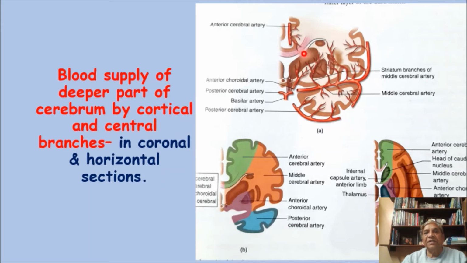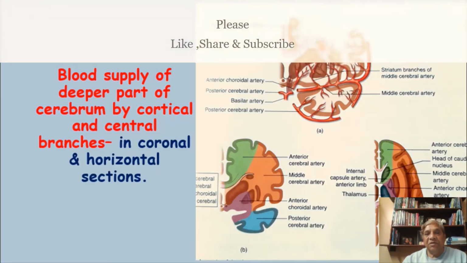Similarly, from the anterior cerebral artery, this anteromedial central branches are going, and similarly from the posterior cerebral artery too. But most of the central branches which arise from the middle cerebral artery are responsible for supply to the lentiform nucleus, to the thalamus, to the caudate nucleus, and to the internal capsule.